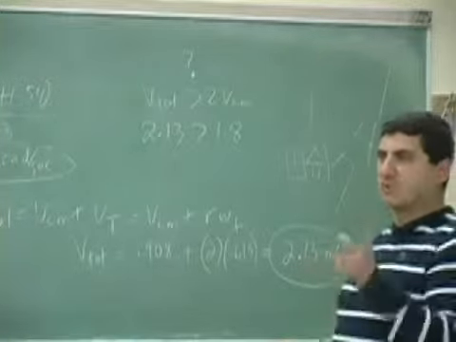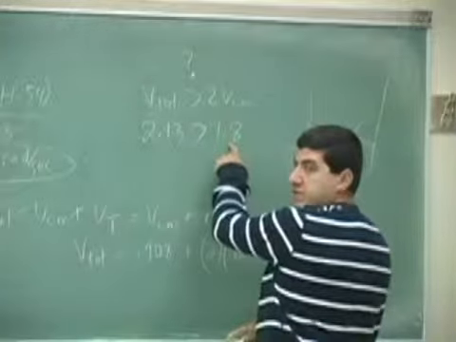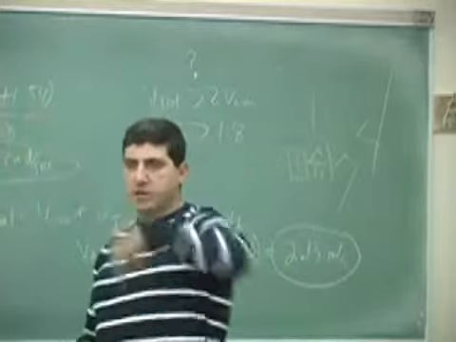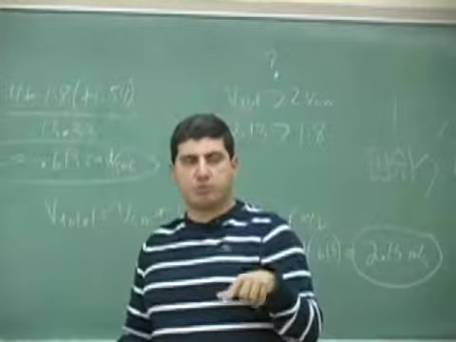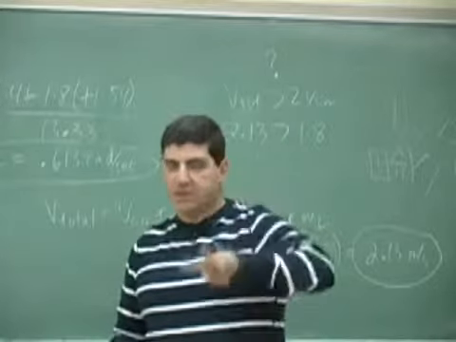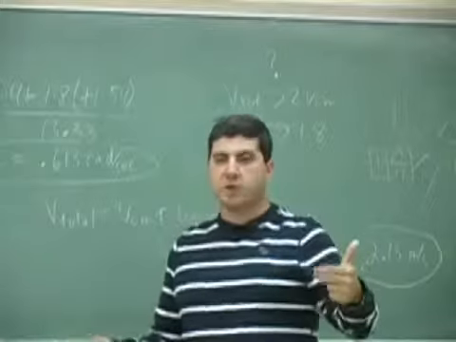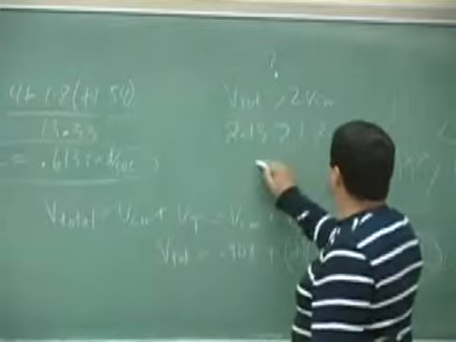Actually, if we take the ratio of 2.13 to 1.8, it's a bigger ratio than the ratio of 1.07 to 1, right? The V total of the inelastic problem was 1.07. Twice V center of mass was 1, right? The ratio of 1.07 to 1 is 1.07. The ratio of this to this is what?